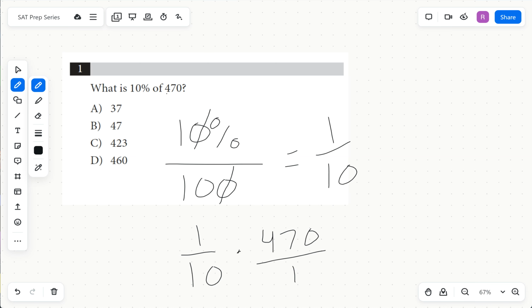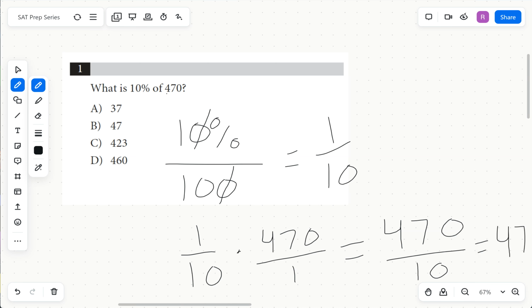over 1. Whenever we multiply fractions, we always multiply numerators times numerators and denominators times denominators. So 1 times 470 in the numerator will give me 470, and 10 times 1 in the denominator will give me 10, and 470 divided by 10 is 47.